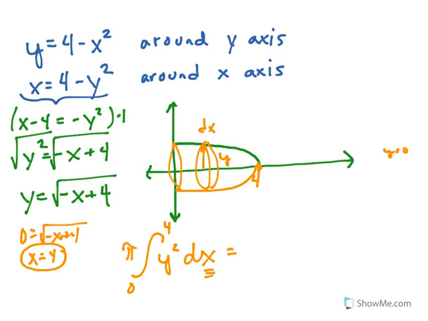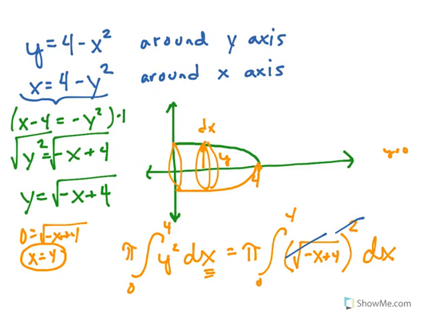And I've got to get everything in terms of x, so it becomes pi, the integral, from 0 to 4, and in parentheses, square root of negative x plus 4, close parentheses, squared, dx. And I could put that in the calculator just like that and get an answer, but that squared cancels out that radical, and you get pi, the integral, from 0 to 4, negative x plus 4, dx.